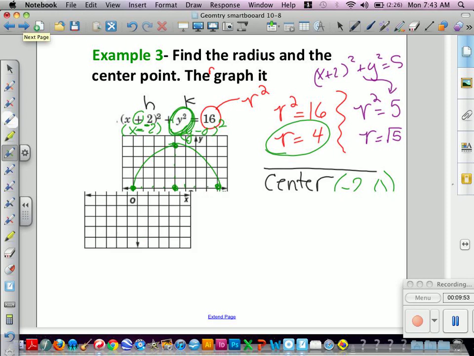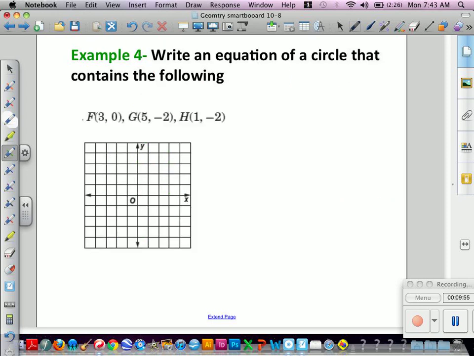All right, let's take a look at that last problem. Write an equation of a circle that contains the following. So let's go ahead and graph these. I need 3, 0, 5, -2, and 1, -2. All right, so I need to get a circle that contains those points. So the first thing you're going to do is draw a triangle.